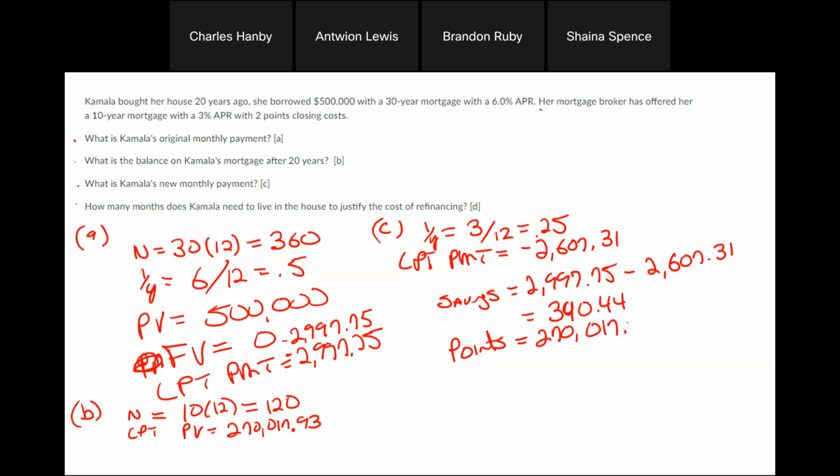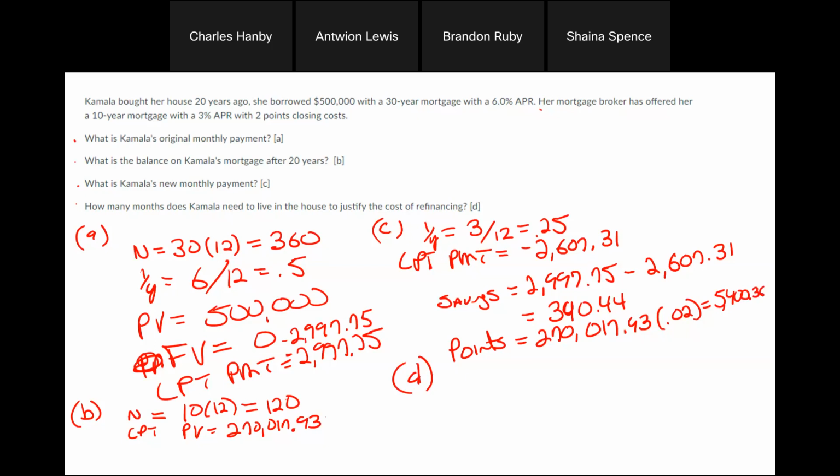So $270,017.93, and we got 2 points closing costs, so that's times 0.02. A point is 1%. So that is $5,400.36.